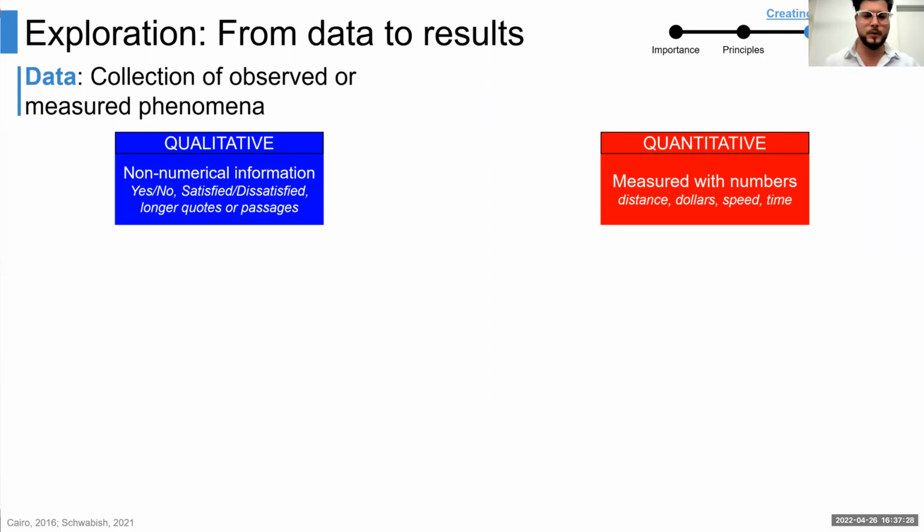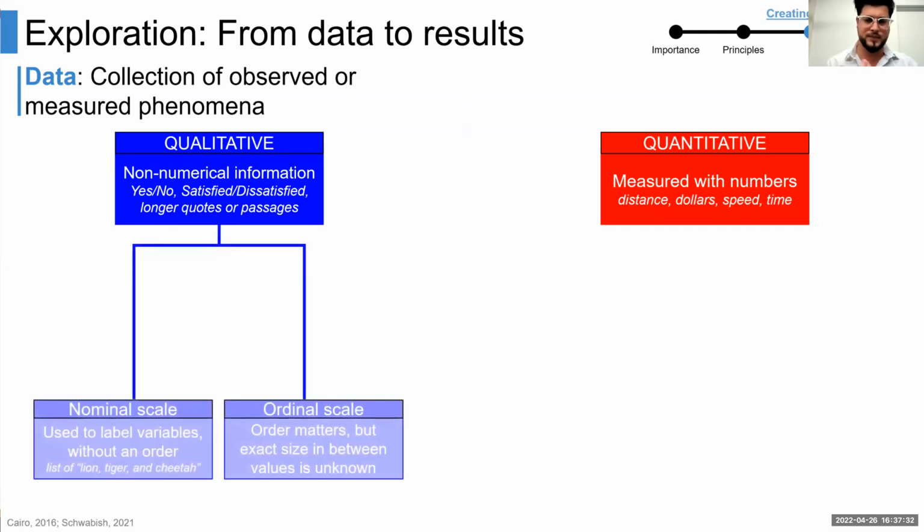We can further break down each major data type into subcategories. On the qualitative side, we have nominal and ordinal scales. Nominal scales are used to label variables and don't have an order or quantitative value. In ordinal scales, the order does matter, but the exact size in comparison between values is unknown.